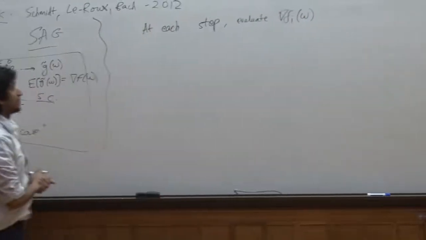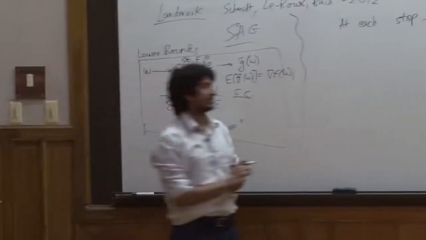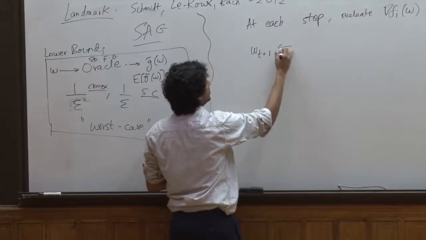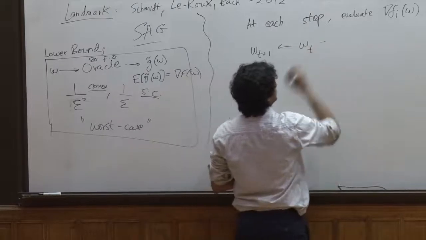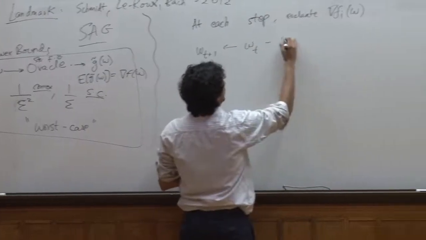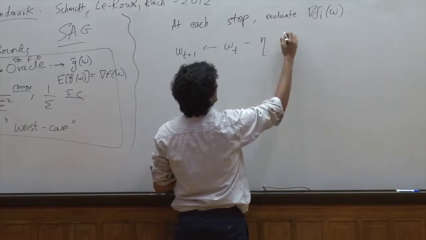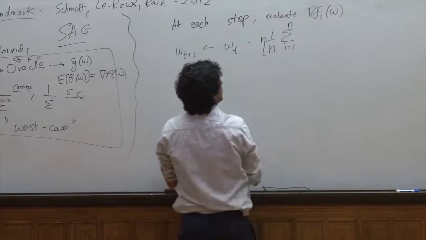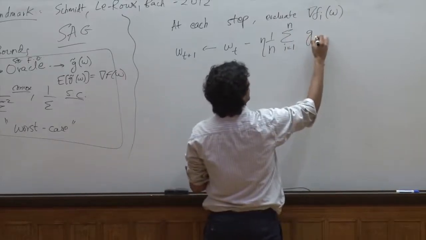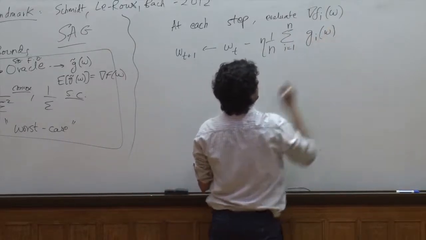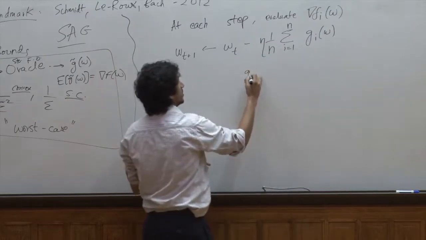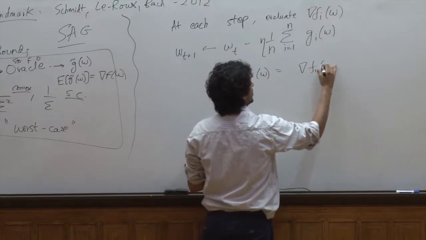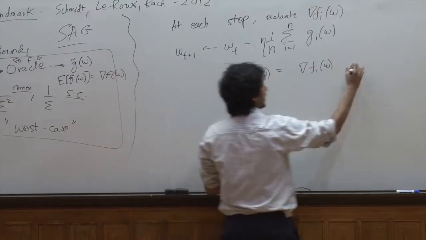You evaluate just one gradient, but the step that you take, the w_{t+1}, is going to be eta, so there's going to be a step size, times the average from 1 to n of g_i(w), where g_i(w) is the gradient of f_i at w if I picked i.